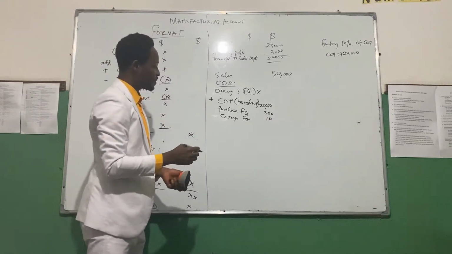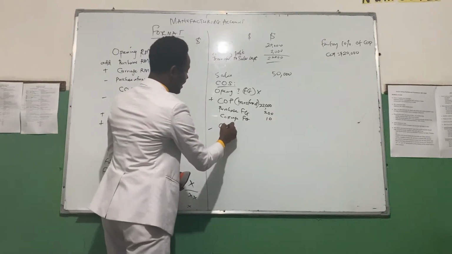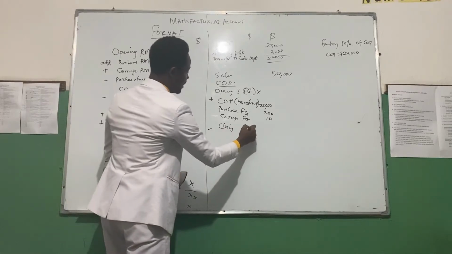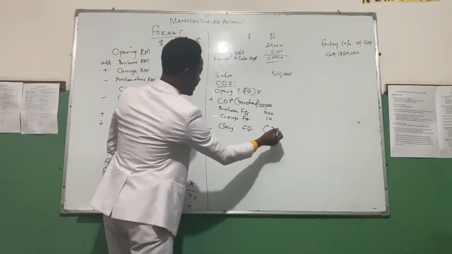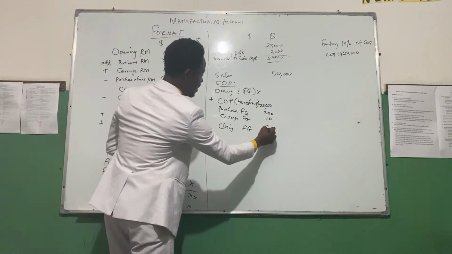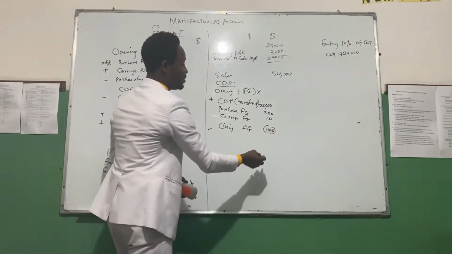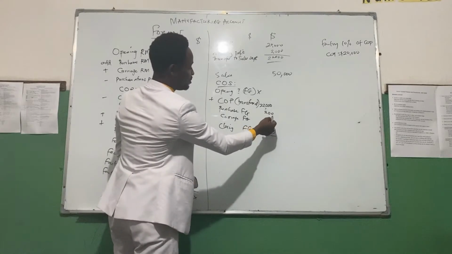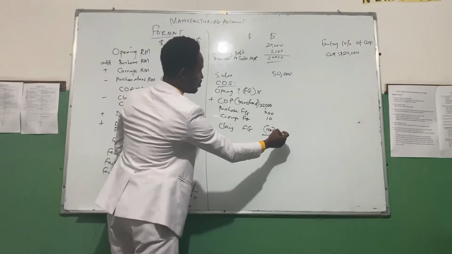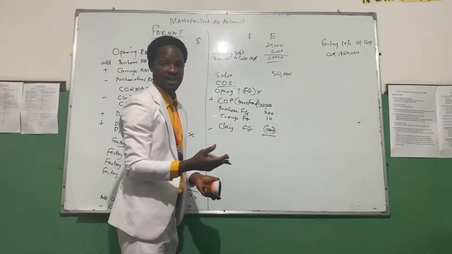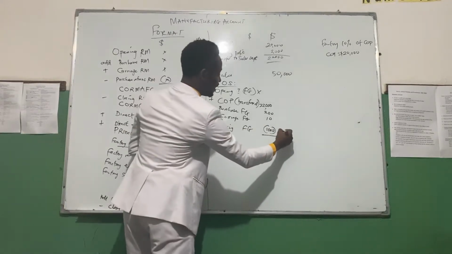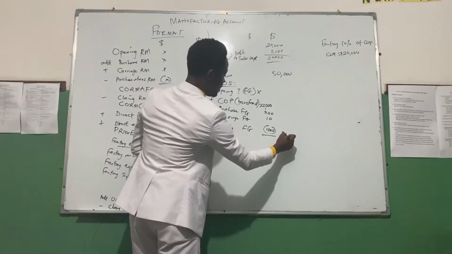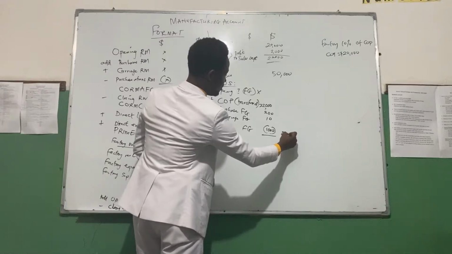Then deduct closing inventory of finished goods. That can be 1,000, it can be anything, we are just assuming. That means 22,000 plus 210 minus 1,000. These are assumed values, please take note. So that gives us 21,210.